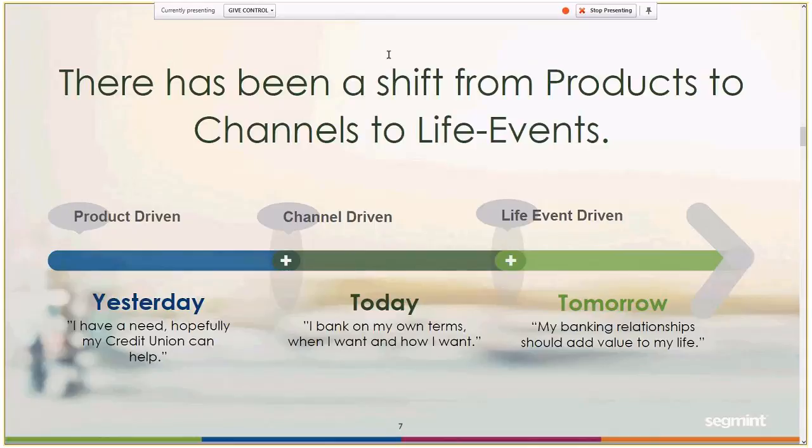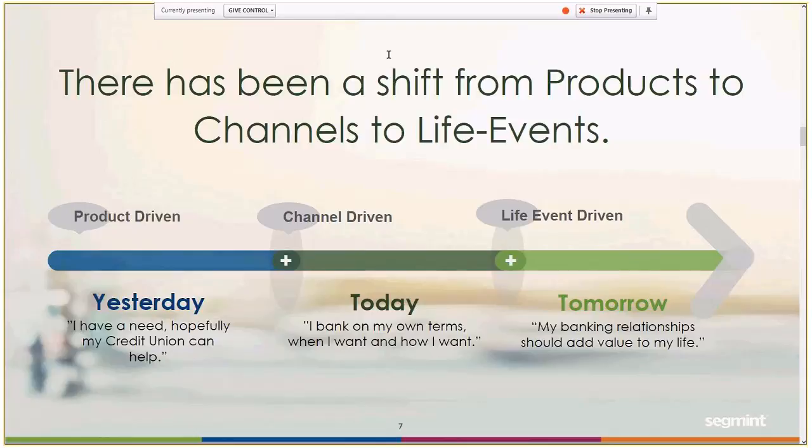It used to be very important, and one of the main goals of the institution, to ensure that there was a wide variety of offerings and products and services that the credit union could offer their members to ensure that they maintained a broad and sticky and engaging relationship, and that they could fulfill all the needs that their members have from a financial perspective.